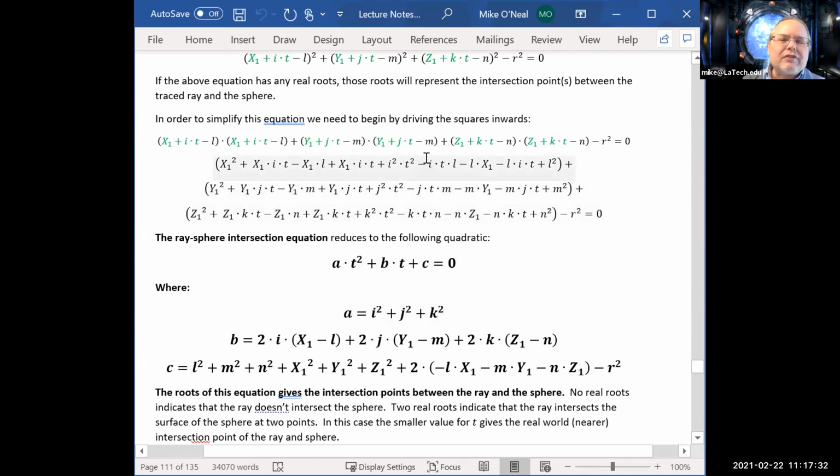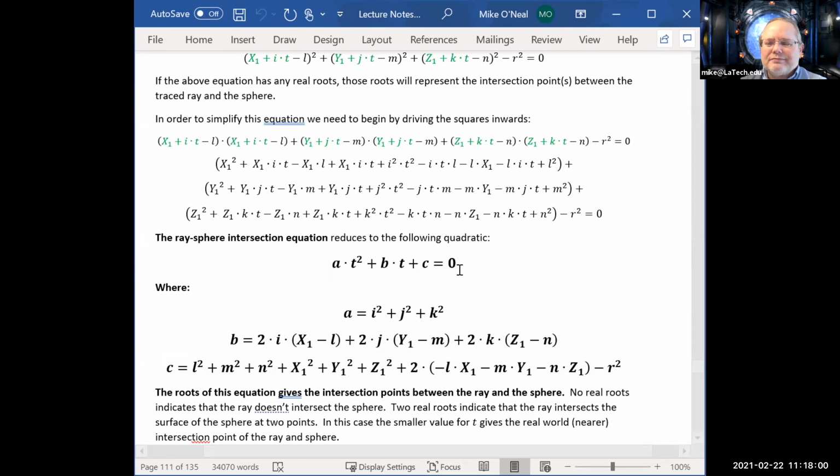And if we look here, we can find our i squared times t squared. So basically, the i squared plus j squared plus k squared are all of the things that are multiplied by t squared. So you pulled out the things that were multiplied by t squared, and then you pull out all the things that were multiplied by t, and then you collect everything that wasn't multiplied by either t squared or t, and that gives you the A, the B, and the C for this equation here.